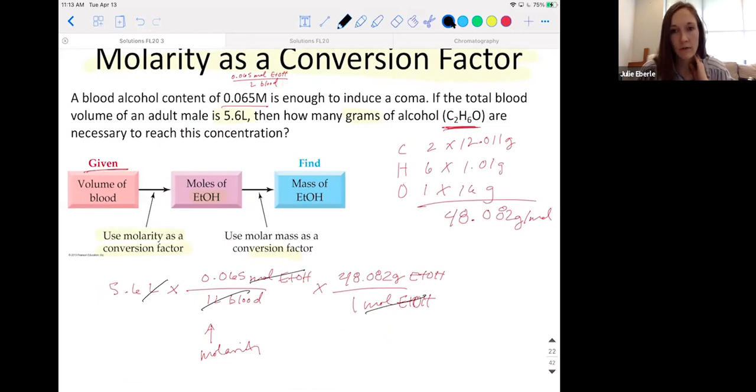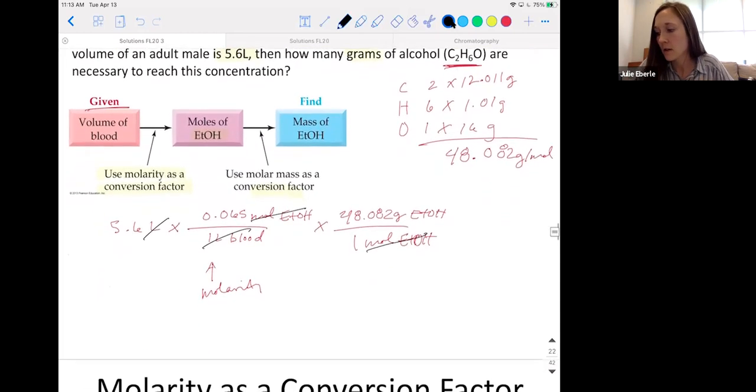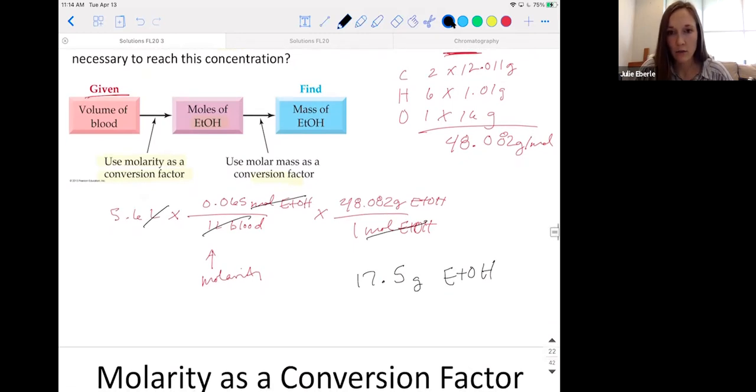So how many grams of ethanol would that be? 5.6 times 0.065 times 48.082. 17.5 grams of ethanol. Now, obviously, in drinking alcohol, you're not drinking straight ethanol, okay? So it would take a lot more alcohol than just 17.5 grams.